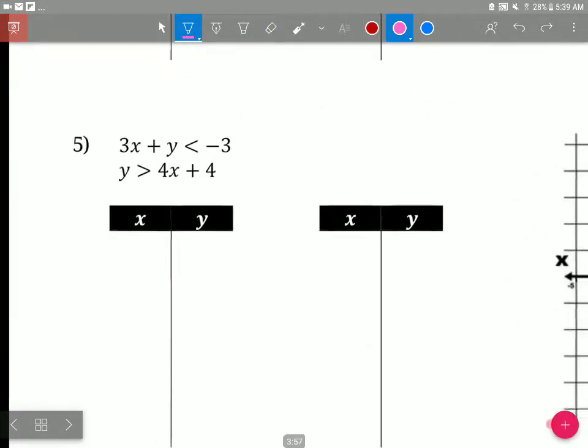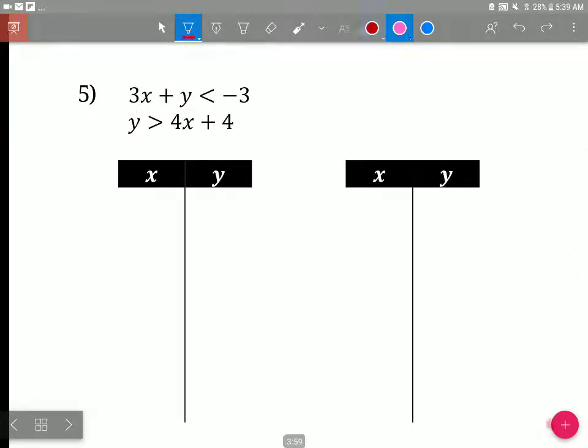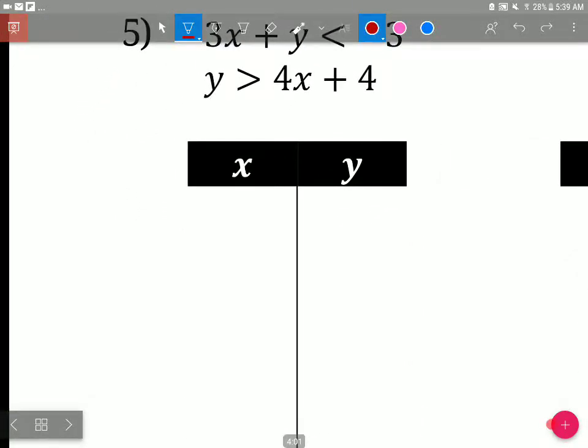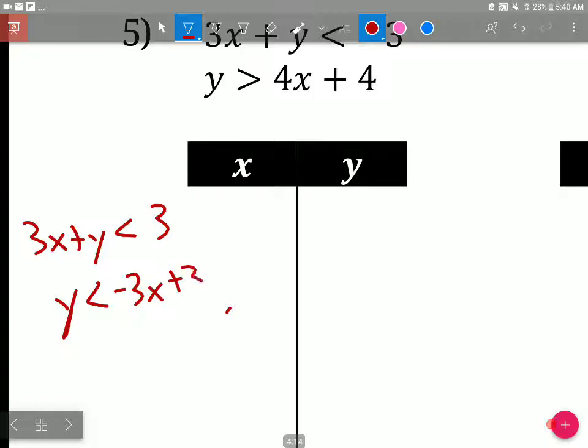Number 5. Oh, first of all, we have to solve for y. So let's start there. Let's zoom in: 3x plus y less than 3. Move the 3x, it becomes negative, so that's y less than negative 3x plus 3. And oh look, there's nothing to divide by. So let's plug in some points.